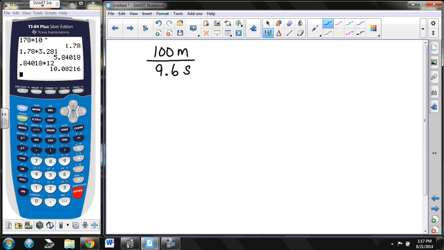Now that's Olympic speed. That's really fast. How many miles an hour is that? So let's see if we can work out the pieces for how to set up the unit conversion to change meters per second into miles per hour.